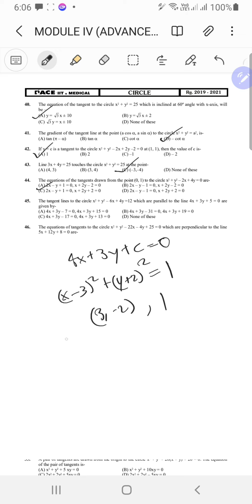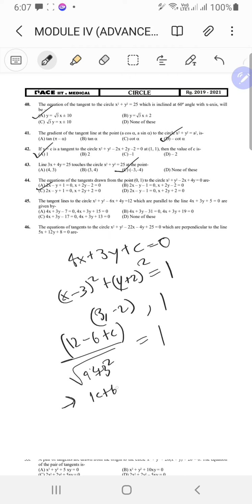Put that in this. So 12 minus 6 plus c, the mod of that upon the square root of 4 squared plus 3 squared. This should be equal to 1, which means mod of c plus 6 upon 5 equals 1, so this is equal to 5.